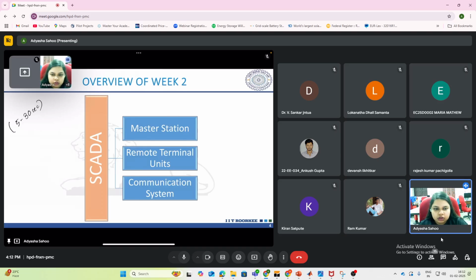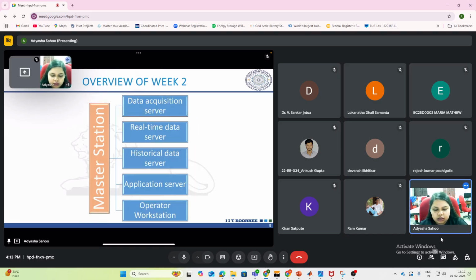So similar to the distribution automation function, we will see one by one at the master station what all components you are having. Firstly, the data acquisition server. Basically, data acquisition means to collect data. So it will collect the data, and if it is required, it may pre-process this data.